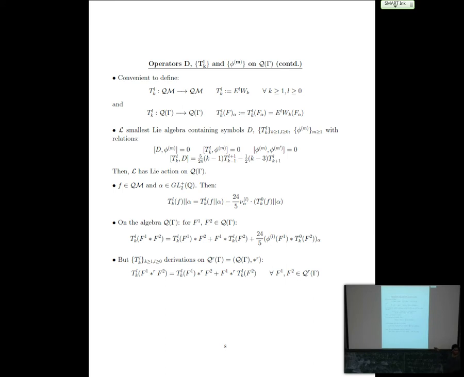We consider this Lie algebra, and this Lie algebra has an action on Q gamma. And how does the Tk act? We have to check how it operates with the F alpha, and so we have this thing coming out. Okay, so this is the relation with the F alpha, and this is the most important part.